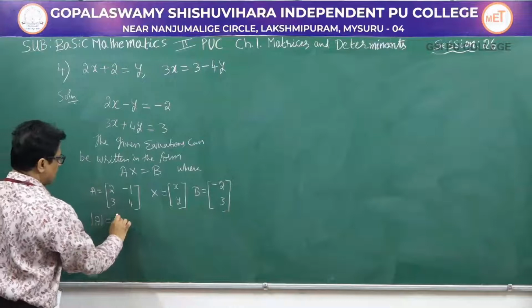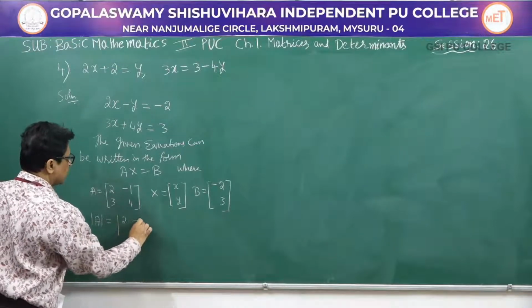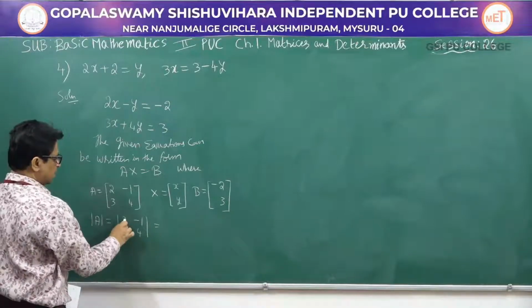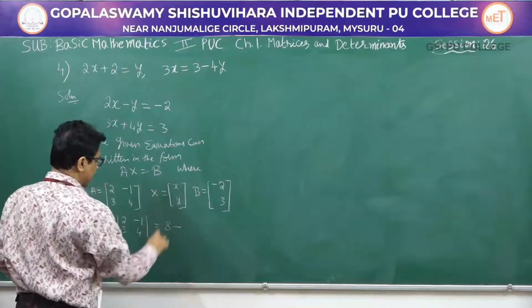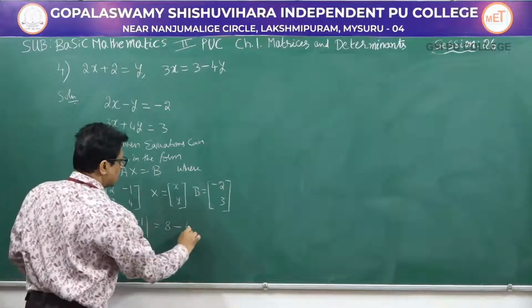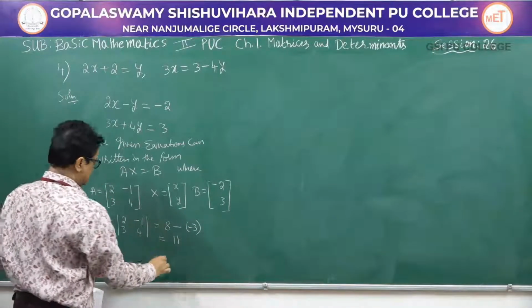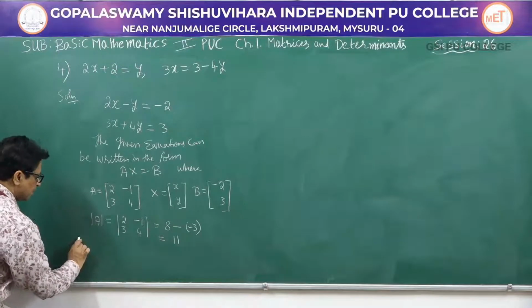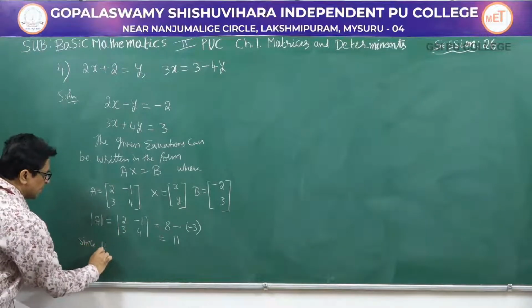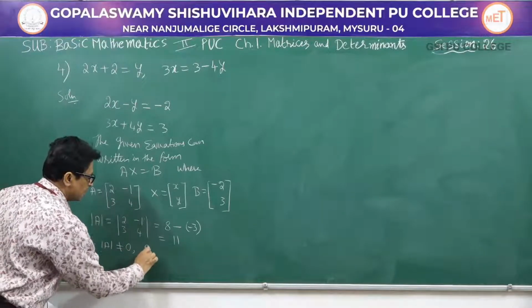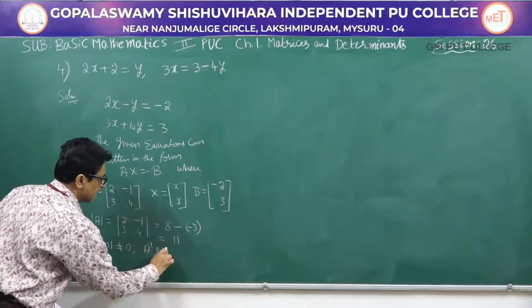So determinant A is equal to determinant of 2 minus 1, 3, 4. That will be equal to 2 4s are 8 minus 3 into -1 minus 3. That will be equal to 11. Since determinant of A is not equal to 0, A inverse exists.